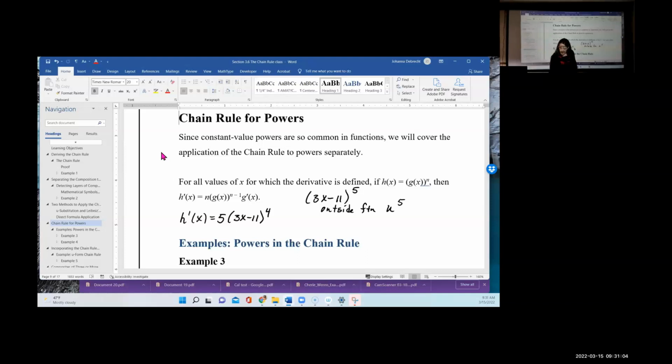And then we would multiply this by the derivative of 3x minus 11, which is 3. So this gives us what's called the chain rule for powers, which gives us 5 times 3x minus 11 to the 4th times 3. The 5 and the 3 are both constants. This would become 15 times 3x minus 11 raised to the 4th power.